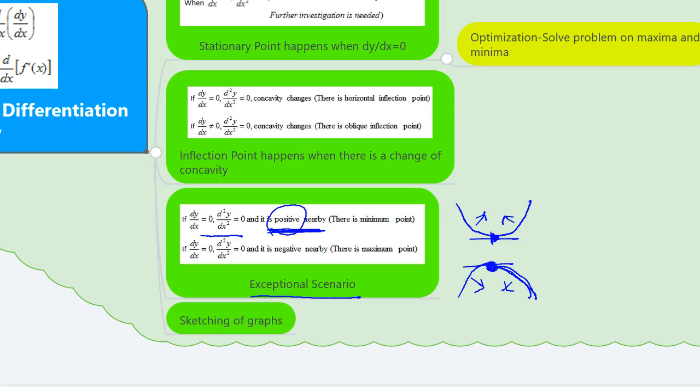Based on the knowledge about stationary point and inflection point, we also learn how to sketch graphs. With that, we are done with the summary of differentiation.